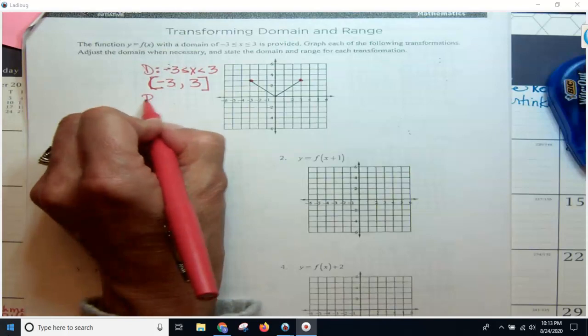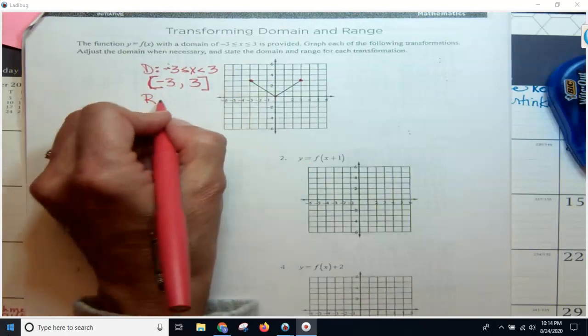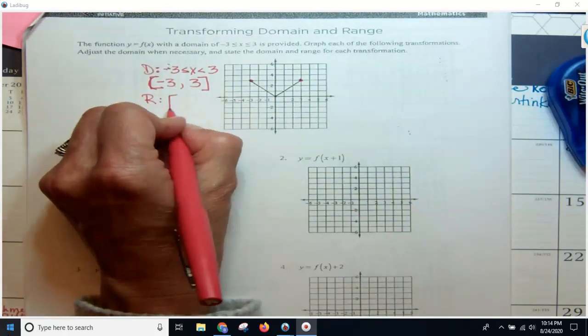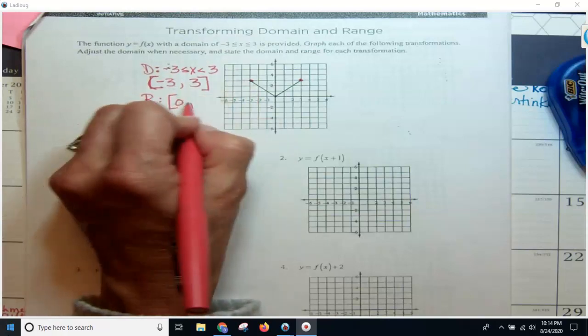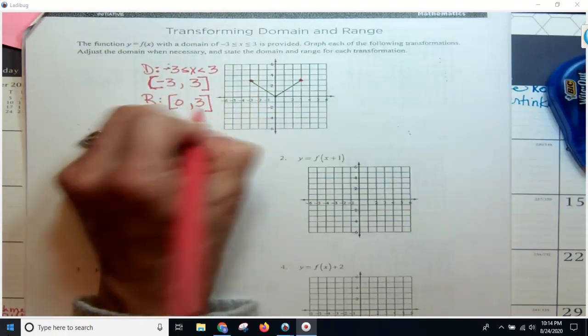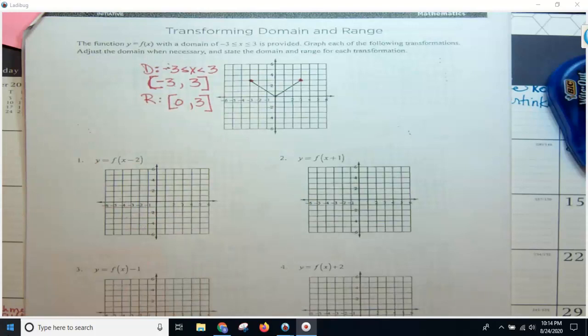My range in this situation starts at 0 and goes up to 3. So this is important because we're going to see how this changes as we transform this little V shape.